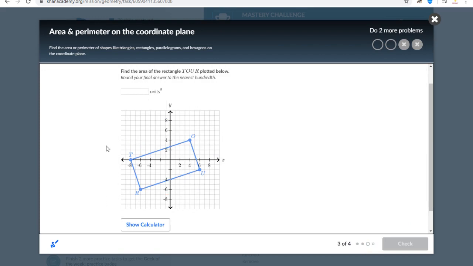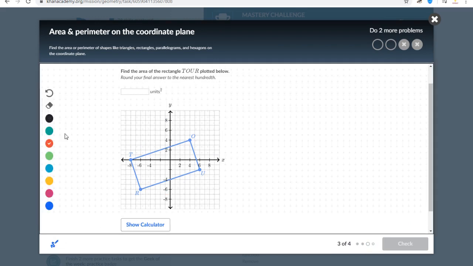Alright, this one's asking for area this time. So area of a rectangle. Again, let's note area of a rectangle is base times height. So we really only need to find our base and one of our heights. Of course, we have to use triangles for this to find the distance between these 2 points, because we cannot just flip this on its side and start counting this way.